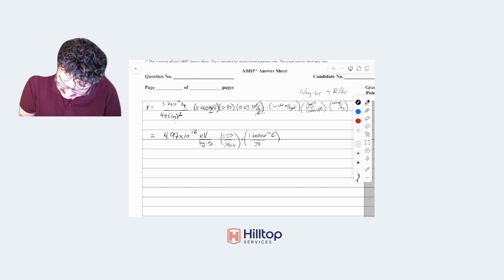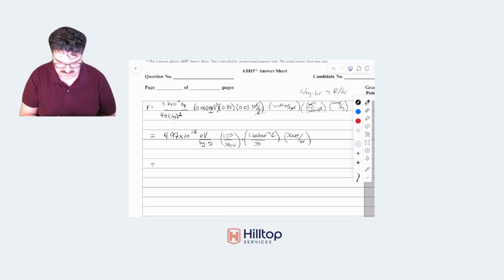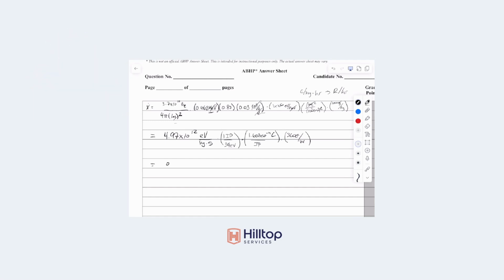So that's good, we got that. And we know there's 3,600 seconds per hour. Okay, I'm going to go ahead and do this calculation just for space so you can follow along. Okay, we're left with 8.43 times 10 to the minus 5.